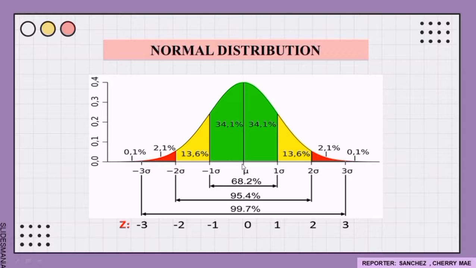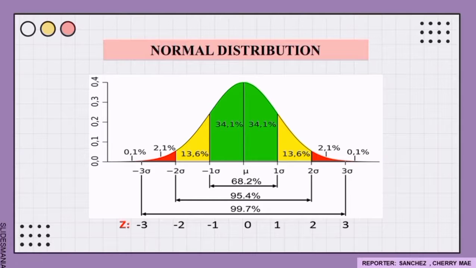We divide it by 2 to get the area from the mean to the first standard deviation. So 34.1% on this part, and 34.1% on the other part, because the standard normal distribution is symmetric. Whatever is on this side is the same on the other side.